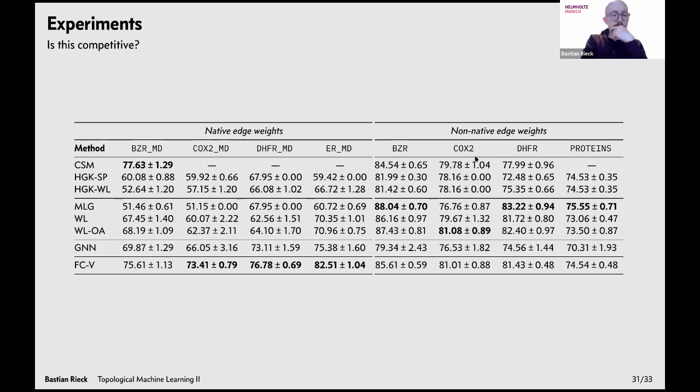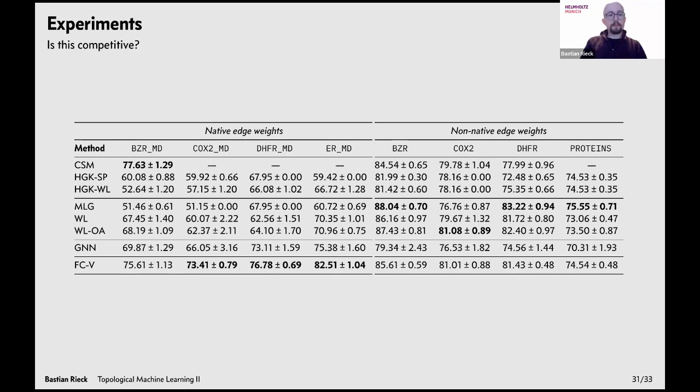You can see this with some of the graphs that have native edge weights. We outperform other approaches for them. So for DHFR-MD, for instance, or ER-MD. But even for non-negative edge weights, we're doing surprisingly well. We're not the best performing method, but we are consistently performing at a good level.